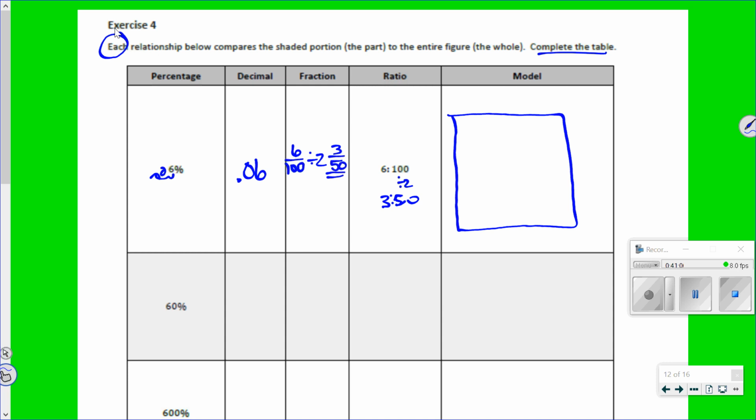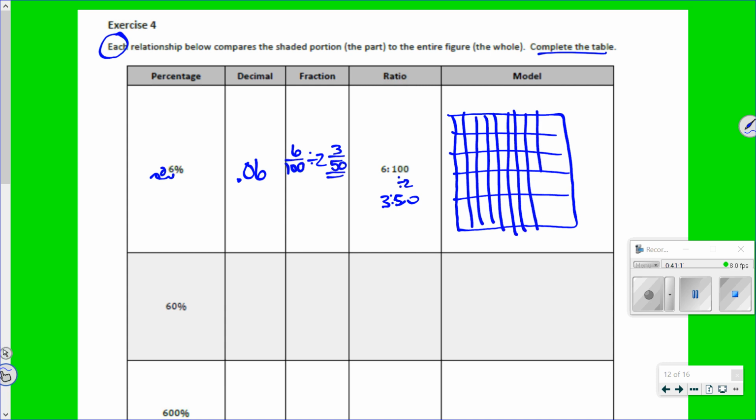So if I just do 50, I'd be okay. 1, 2, 3, 4, 5. Then 10 across. 5, 6, 7, 8, 9, 10. And I color in 3 of them. Does that make sense, everybody? So that's my model of 3 of 50.